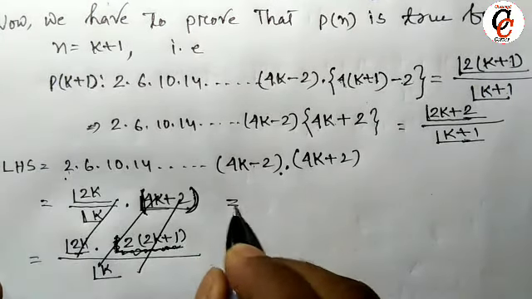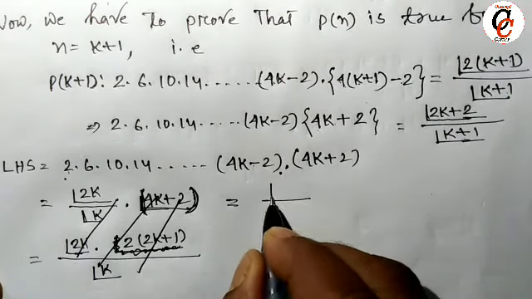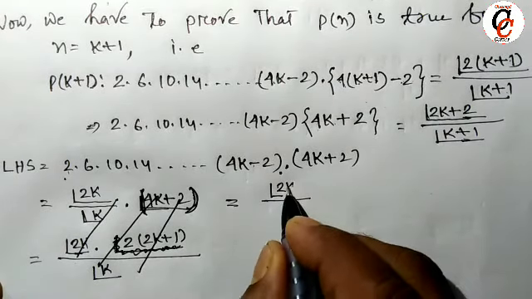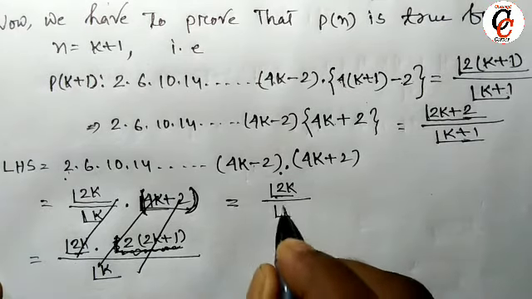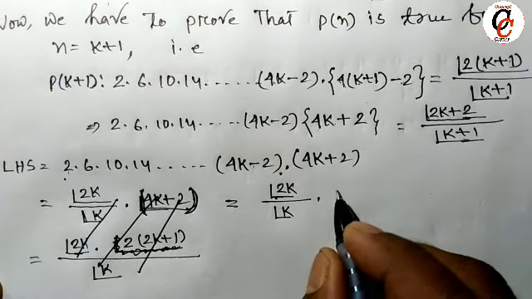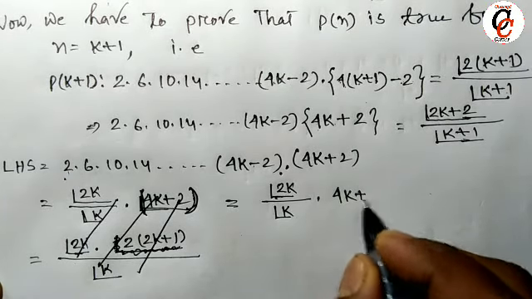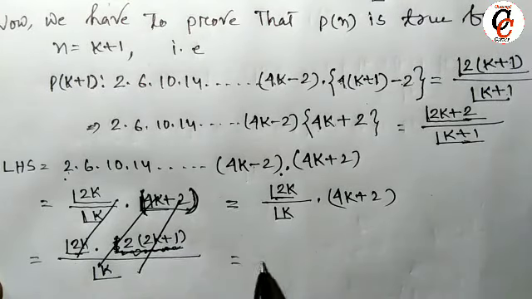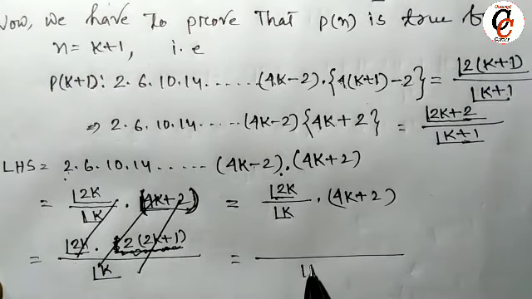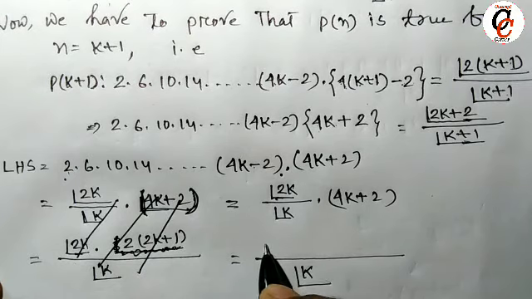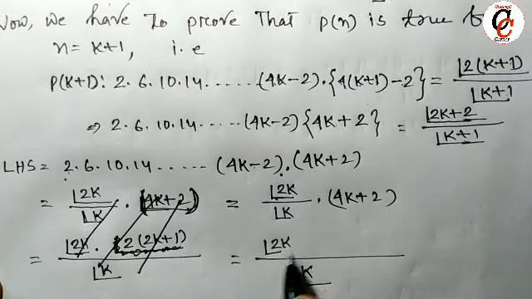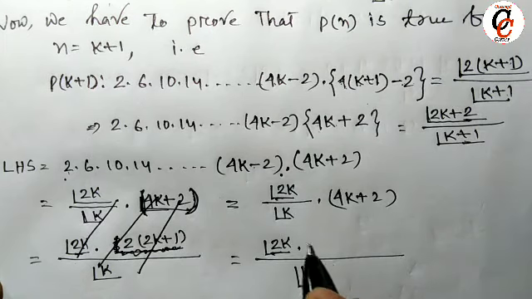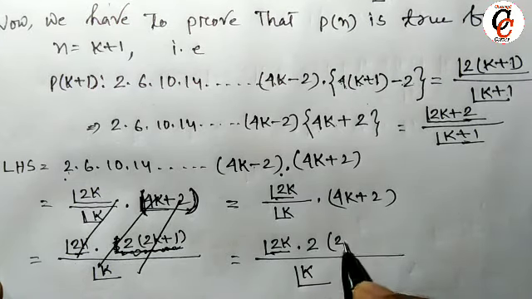Now cut it and write it again. Here factorial 2k by factorial k, and here 4k plus 2 is there. Now see, here factorial k, here factorial 2k, and here we can take out 2 common, 2 into 2k plus 1.